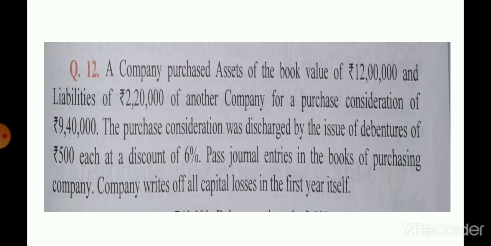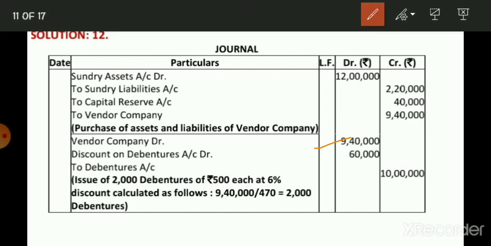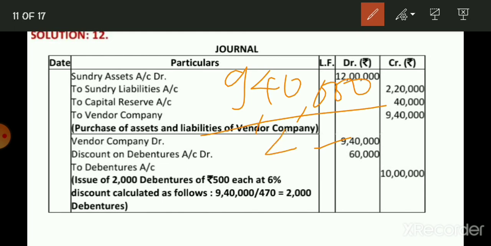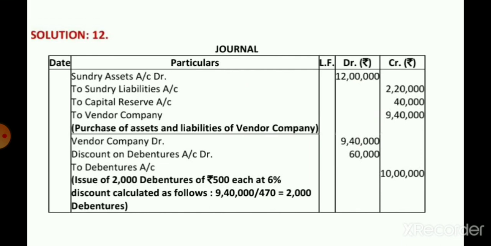What will be 6% of 500? 5 sixes are 30. So the 6% discount on 500 rupees each will be 30, and we have to divide 9,40,000 by the discounted rate, that is 470. We issue only 2,000 debentures. On this we have to issue all the amount and we also have to show the discount on debentures, right?